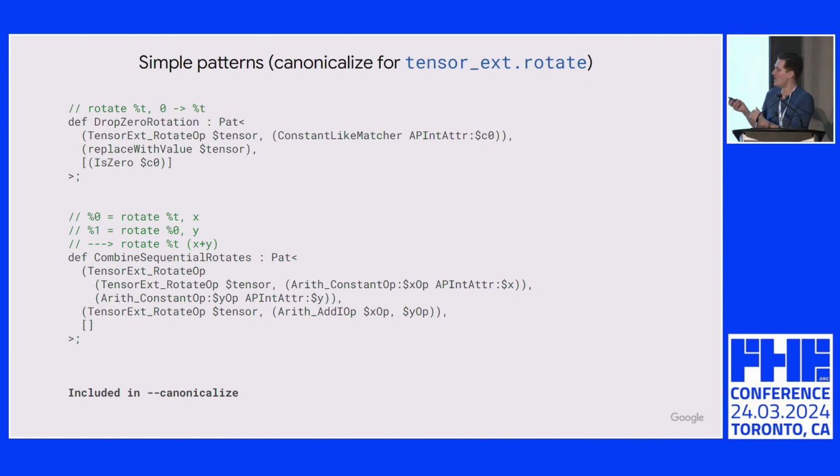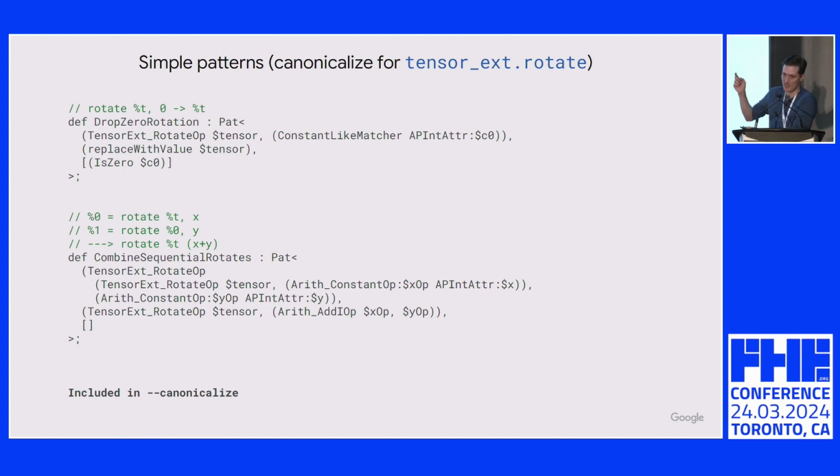And if you have 2 sequential rotations, then you can just combine that into a single rotation by the sum of the shifts. The syntax here is that pat is short for pattern, and it takes 3 arguments. The first is a match on the IR that MLIR will then go search for expressions that look like that and figure out which things could potentially be replaceable. The second item is the thing that you would like to do once you've found that match.